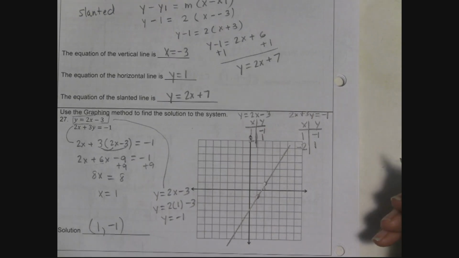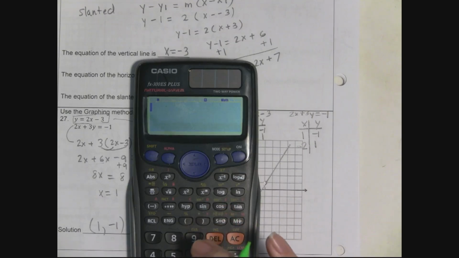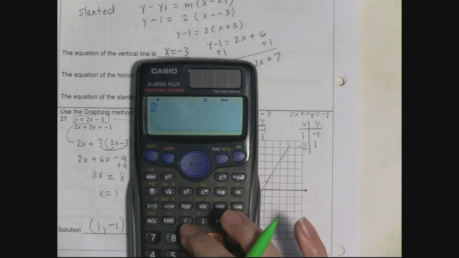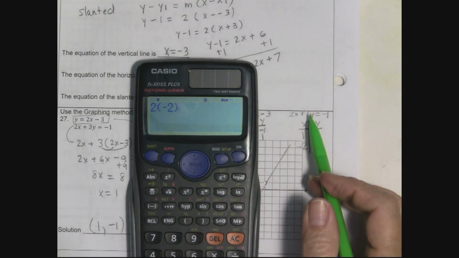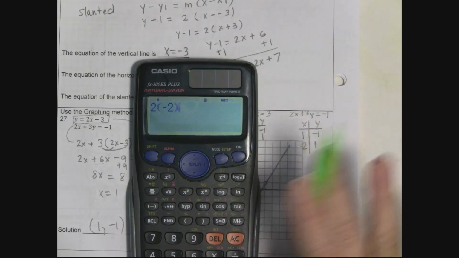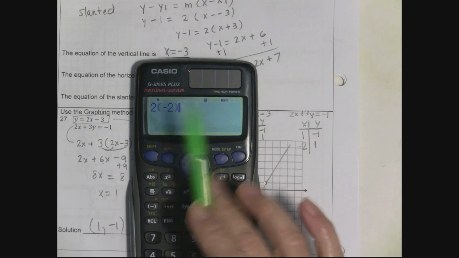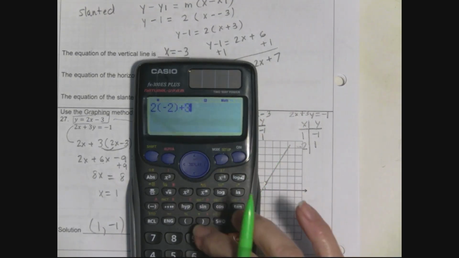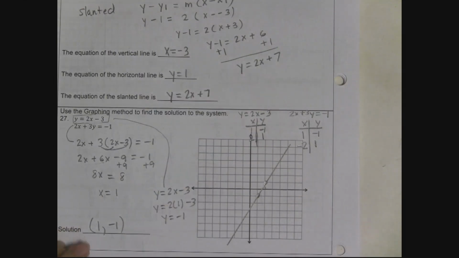So negative 2, 1. So check that one works. That point works. So I did a little trickiness on trying to make a nice point by saying to myself that 4 take away 3 would make 1, and I need it to be negative 4. So I put in 2 times negative 2. That makes negative 4 plus 3 times 1 is negative 1, sure enough.